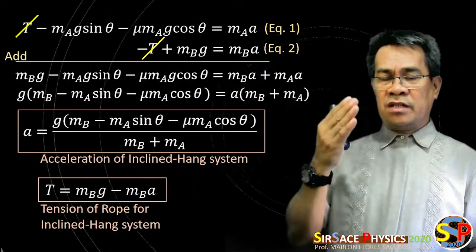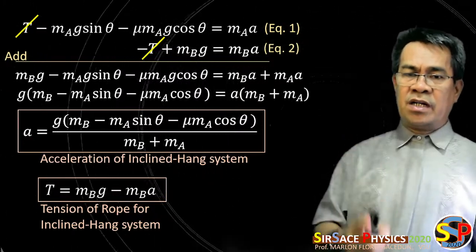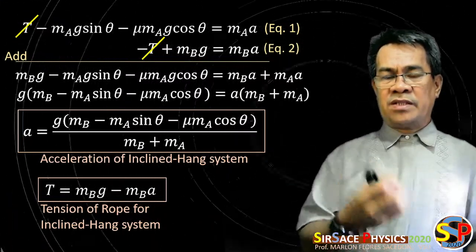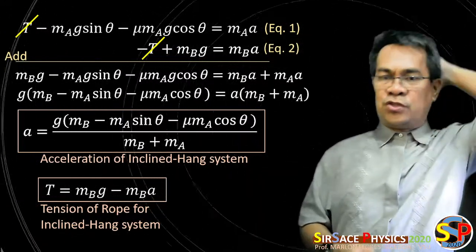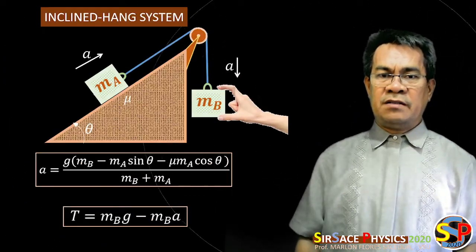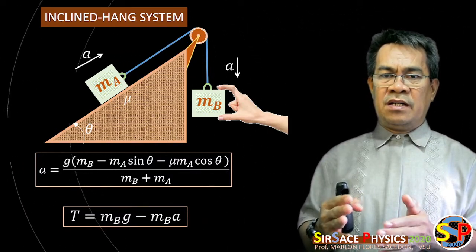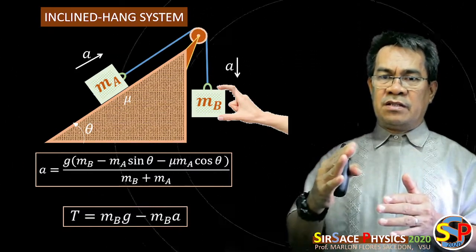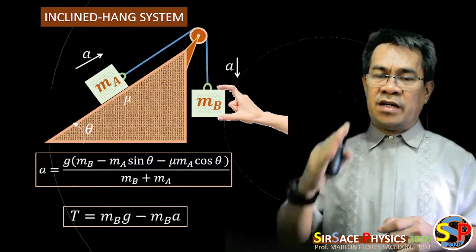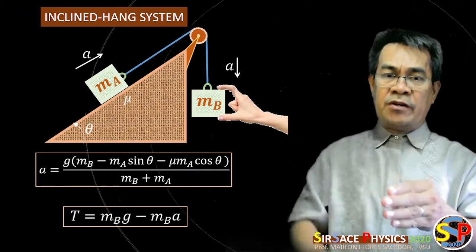Take note that the only requirements to solve for a are the masses, the angle of inclination, and the coefficient of kinetic friction between surfaces. Again, this formula applies only if A will move up the plane while B will move downward.